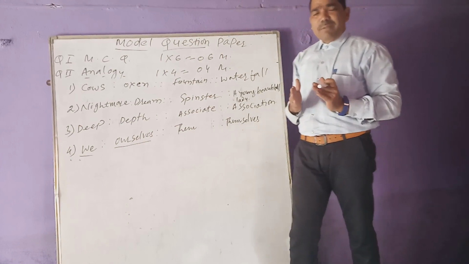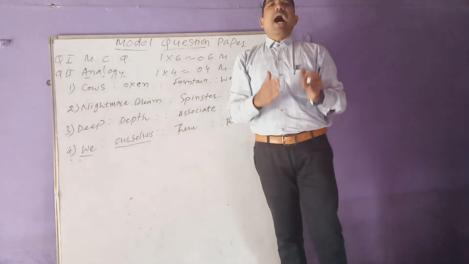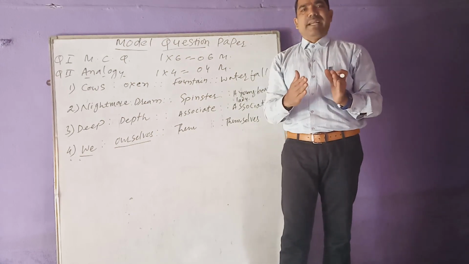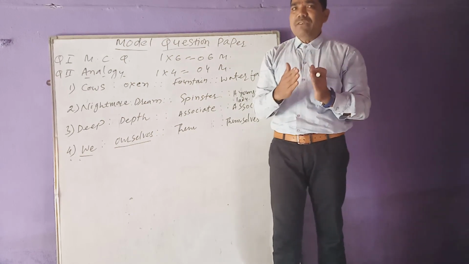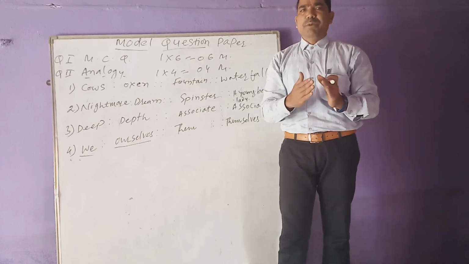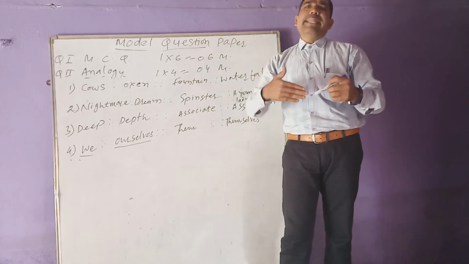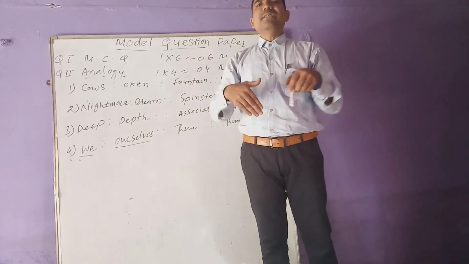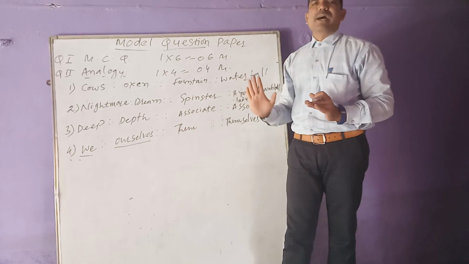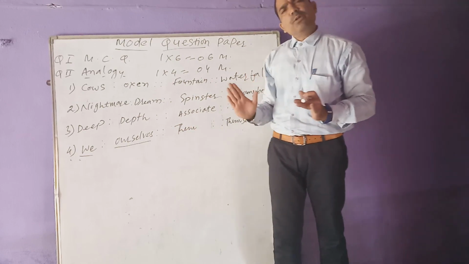So in this way such types of problems always occur in the 10th standard first language English subject, that too in the model question paper, and also in either a preparatory exam or an annual exam. Such types of problems are asked there also. Therefore you should be ready.